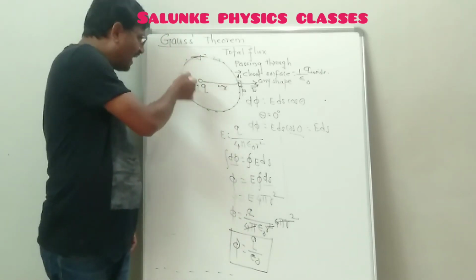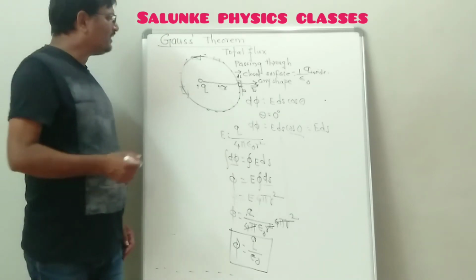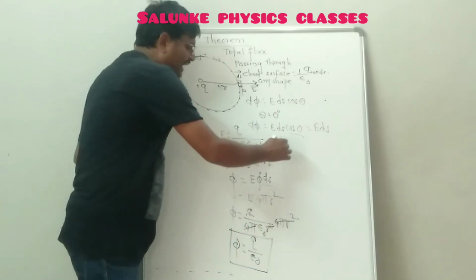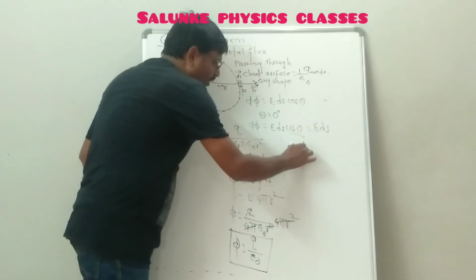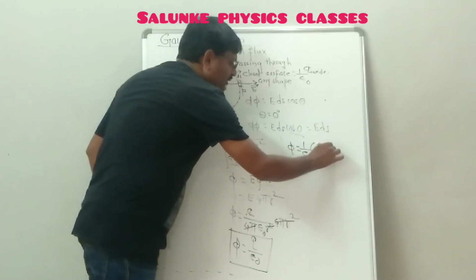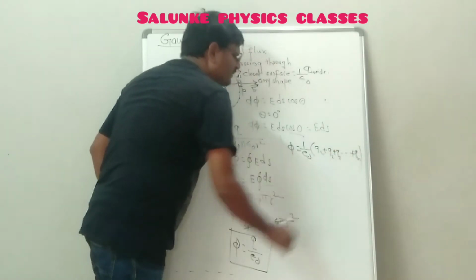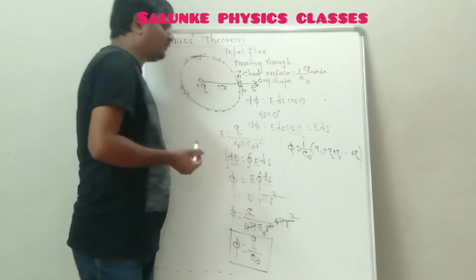If there are number of charges enclosed inside the surface, then Gauss theorem can also be written as phi is equal to 1 upon epsilon naught times q1 plus q2 plus q3 plus dot dot plus qn. This is the Gauss theorem for n charges.